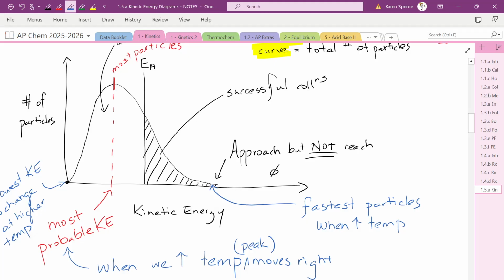Is that curve going to end at the same place, or further to the right? It's going to end further to the right because the fastest particles will have more kinetic energy.